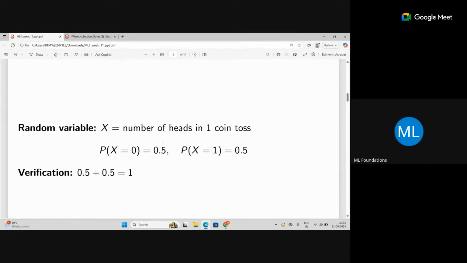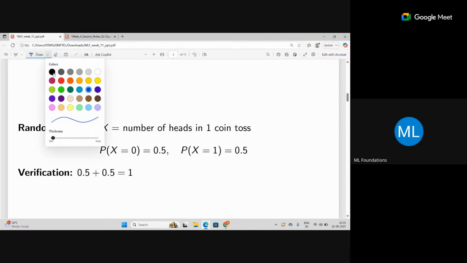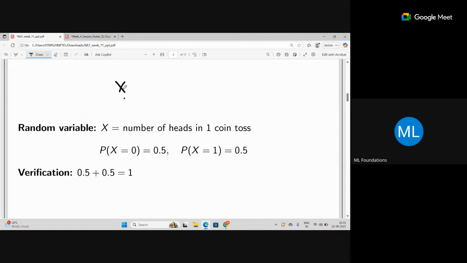So if I toss a coin, I will have two outcomes. X will be either head or tail, so it takes only two values.